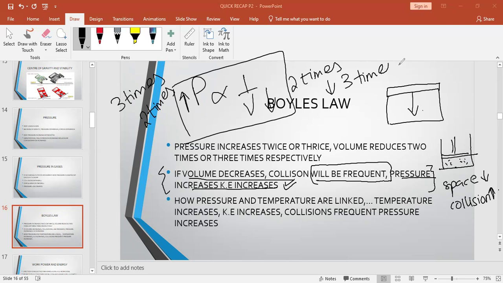Clear? Okay. And lastly, we have how pressure and temperature are linked. When you increase the temperature, kinetic energy increases, collision will be more, and pressure will be increased. So these are the keywords that you need to remember. Okay.